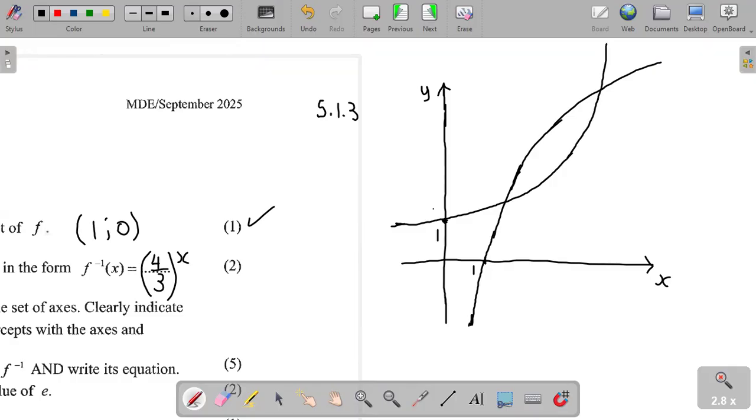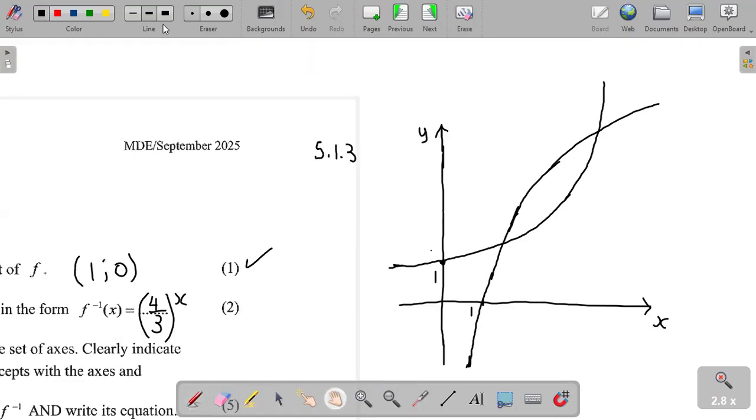And about the axis of symmetry, so then it will go, so this will be f and this will be f inverse.